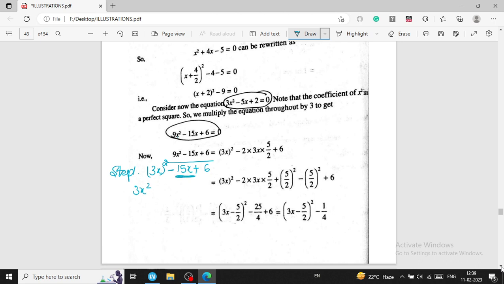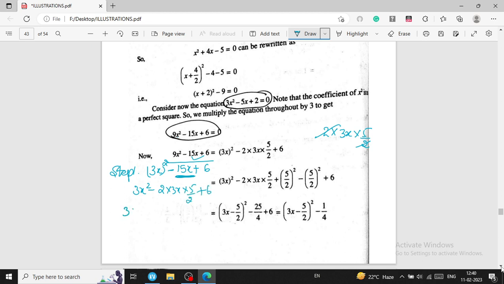We will get 15x when we multiply 2 multiply 3x multiply 5 by 2; 2 cuts with 2 and 3 fives are 15. Here we take factor 2 multiply 3x multiply 5 by 2, plus 6.